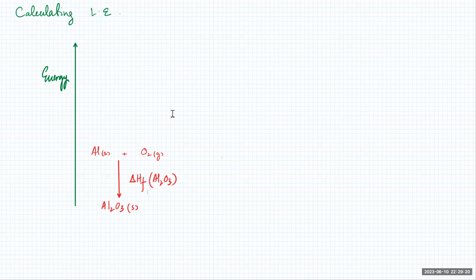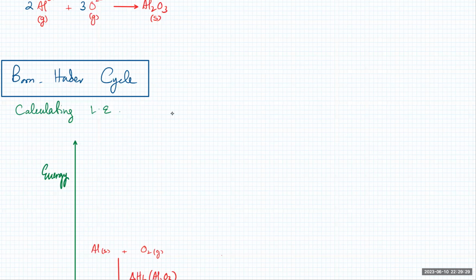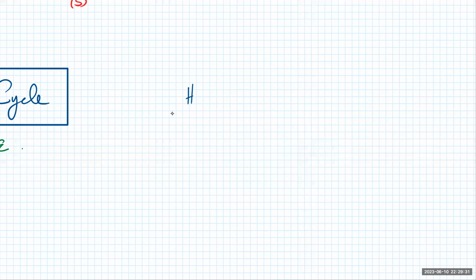So you know the Hess cycle, right? One path being equal to the other path. I'll write down Hess's law, which is that the Born-Haber cycle is basically Hess's law: enthalpy change is independent of the path taken.